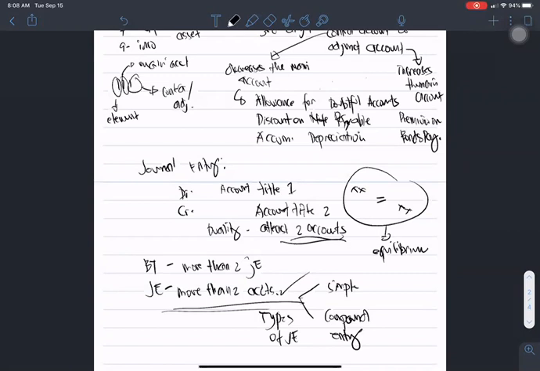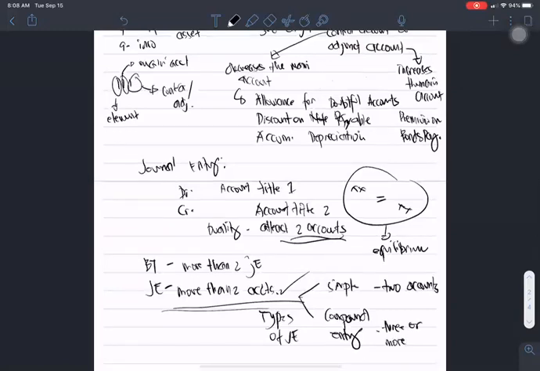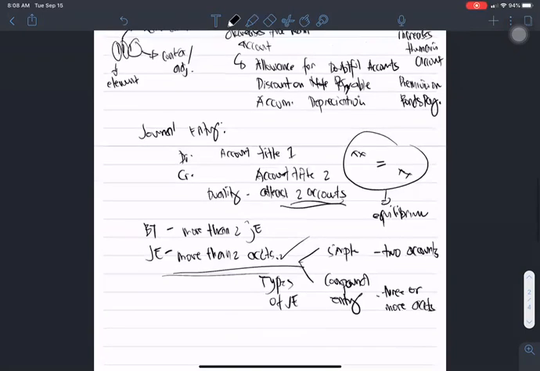A simple journal entry only includes 2 accounts, while compound entries contain 3 or more accounts. How about the first question? Can a business transaction contain more than 2 journal entries? The answer is yes.